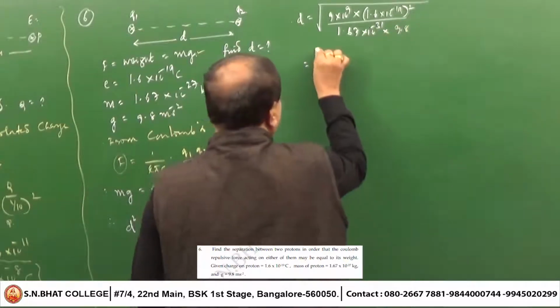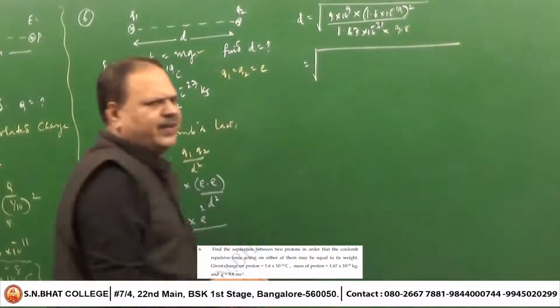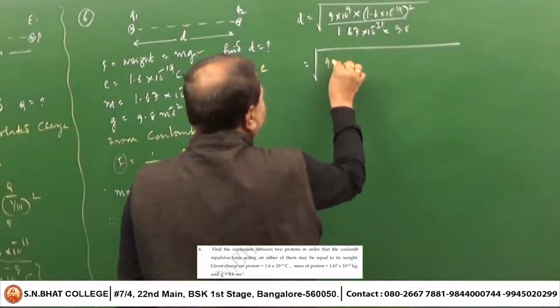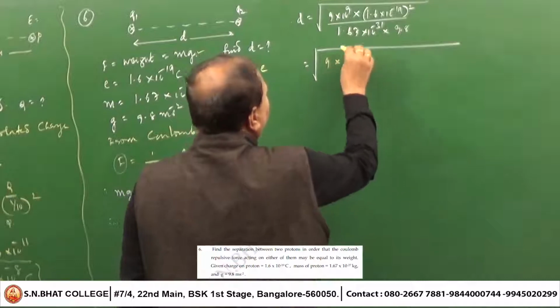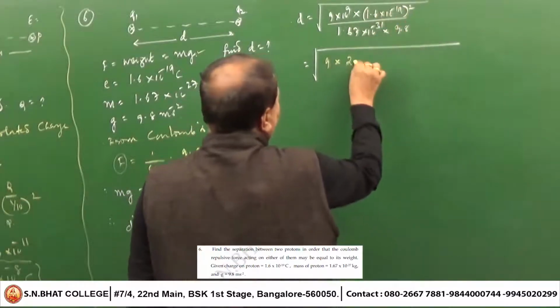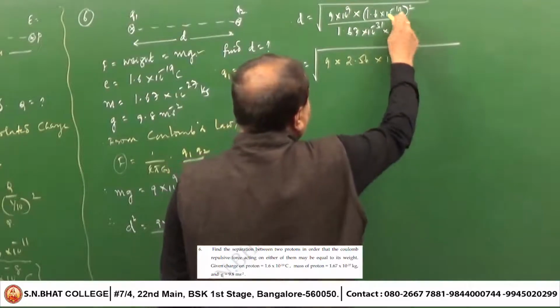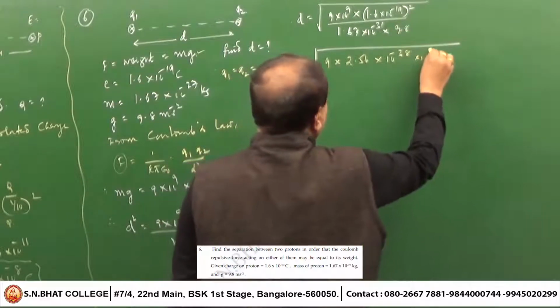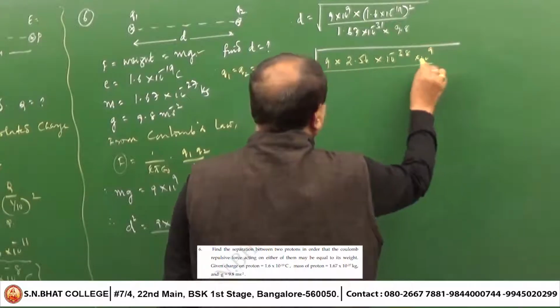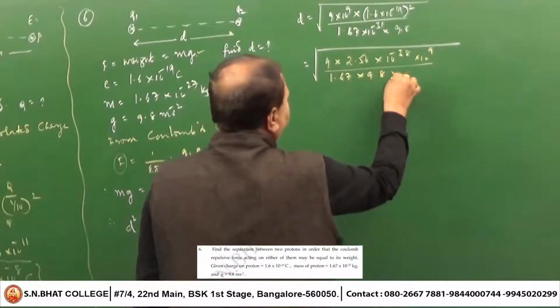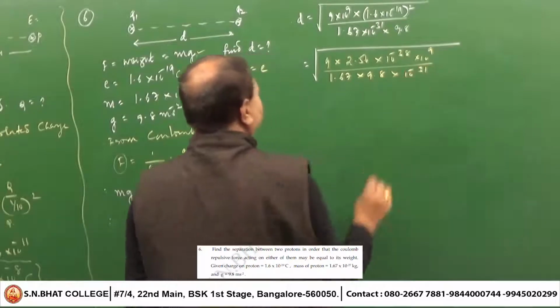Now you have to simplify these things. Simplification is very important. 9 into 1.6 whole square is equal to 2.56 into 10 to the power of minus 38 into 10 to the power of plus 9, whole divided by 1.67 into 9.8 into 10 to the power of minus 31.